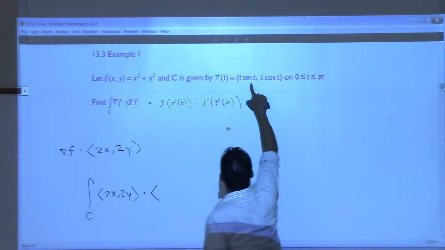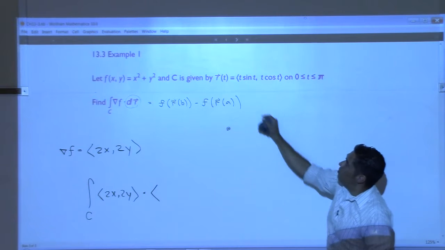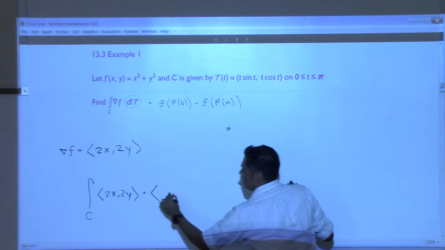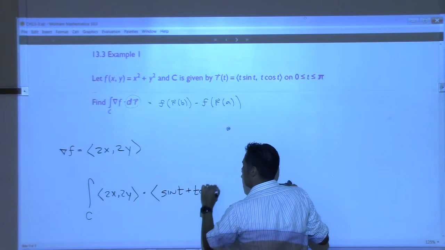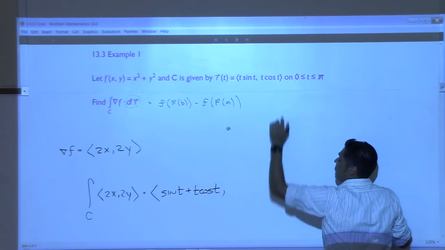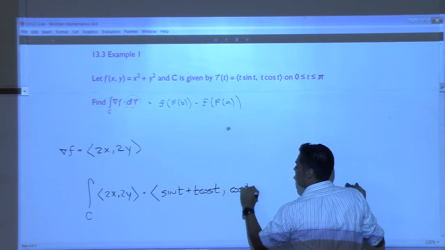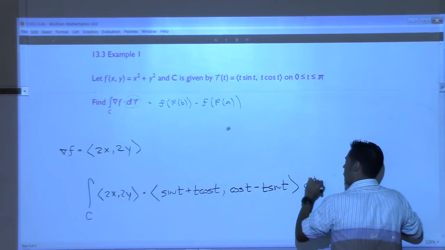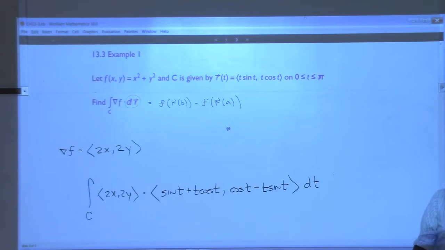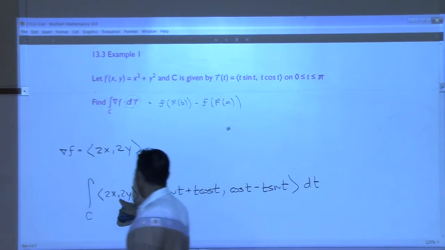Yeah, so we have to do the derivative of this first, which would be like sine t plus t cosine t. Then we'd have to take the derivative of that, which would be cosine t minus t sine t, dt, right? And then this right here, we're not done. We have to get everything to t.